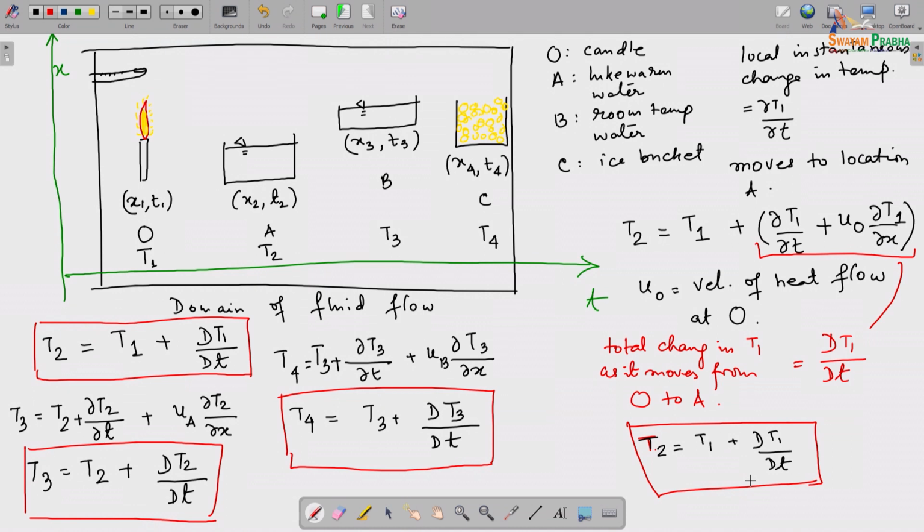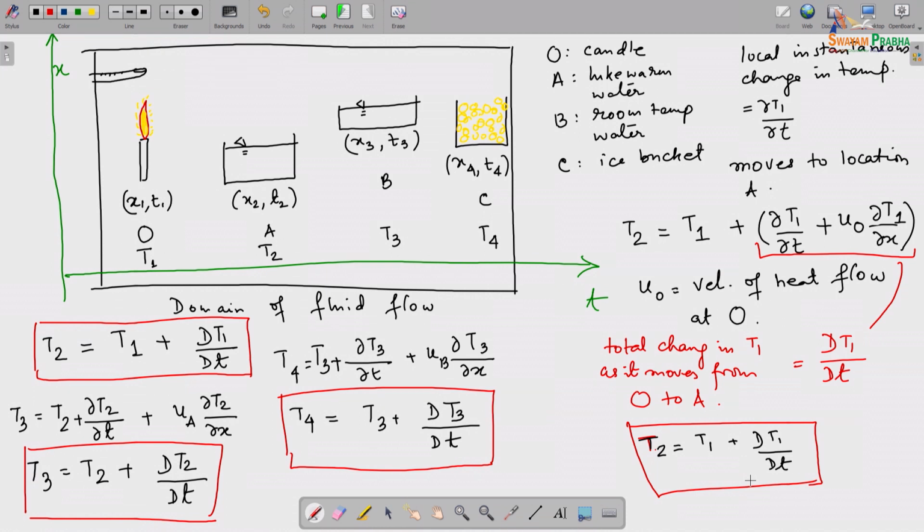Now, when I do this, how am I looking at the flow? This is like asking you the reverse kind of question. What is my reference frame? This reference frame is obviously the Eulerian point of view, the Eulerian view.